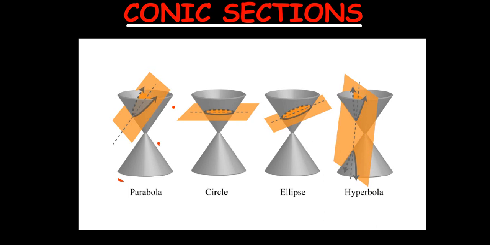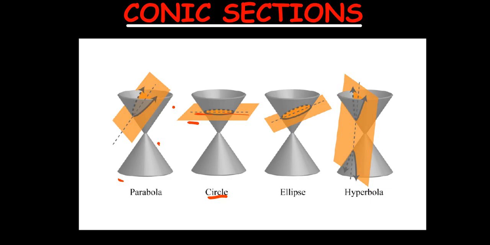So we are seeing here, I'll start with a circle. We can see that this plane intersects or cuts this cone in a horizontal direction.